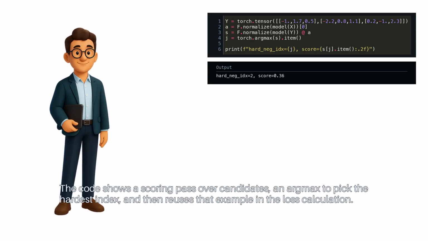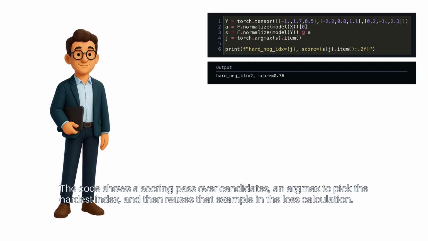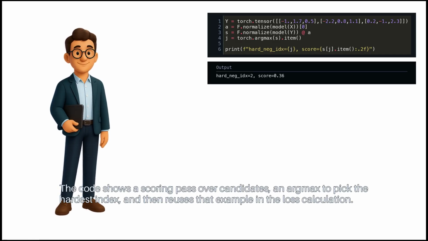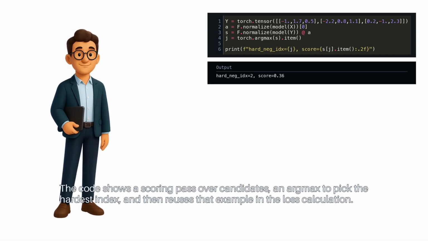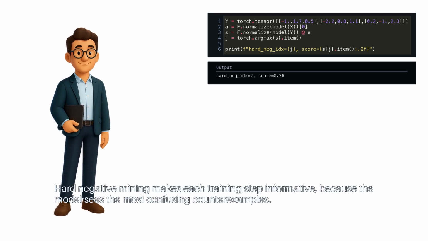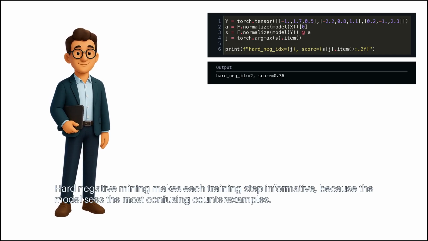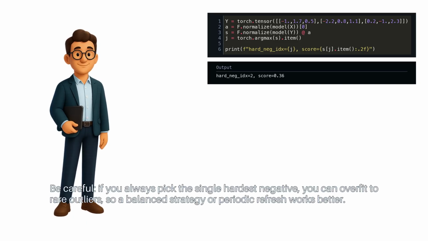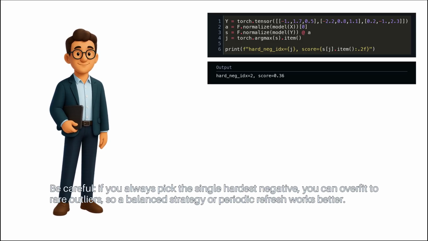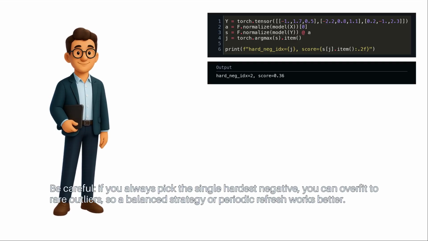The code shows a scoring pass over candidates, an argmax to pick the hardest index, and then reuses that example in the loss calculation. Hard negative mining makes each training step informative because the model sees the most confusing counterexamples. Be careful. If you always pick the single hardest negative, you can overfit to rare outliers, so a balanced strategy or periodic refresh works better.